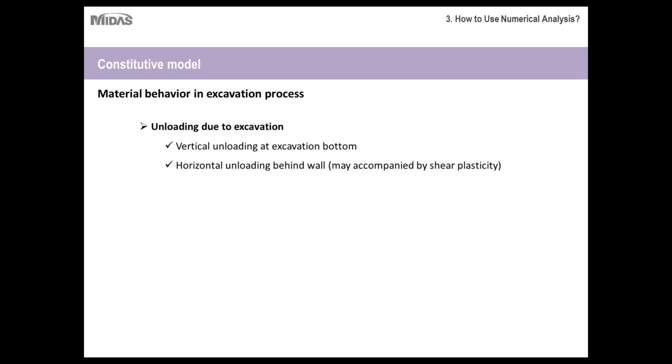So let's see how the material actually behaves in excavation process. First of all, there is a huge unloading due to excavation, like I just mentioned. Vertical unloading due to removal of the earth mass at the excavation bottom, and then there is horizontal unloading behind the wall, and that may be accompanied with plastic shear failure. Then we have primary loading due to pre-stressing.